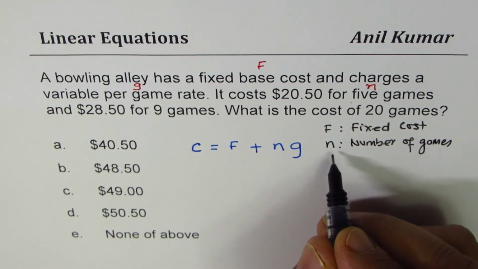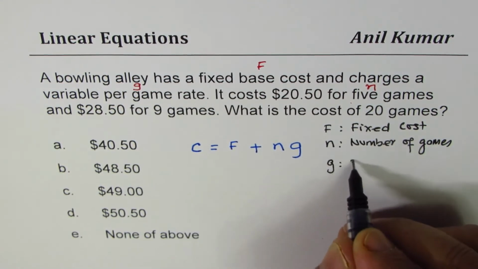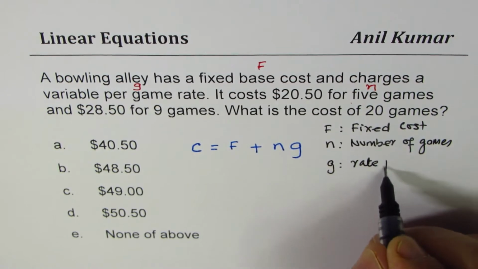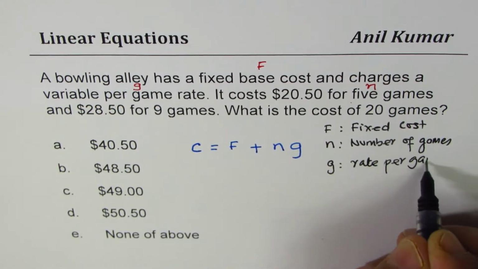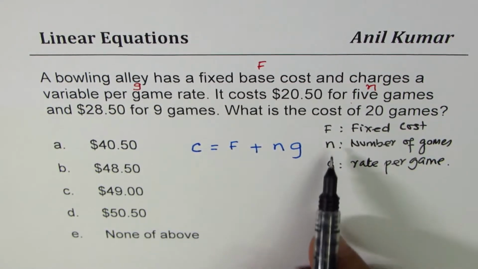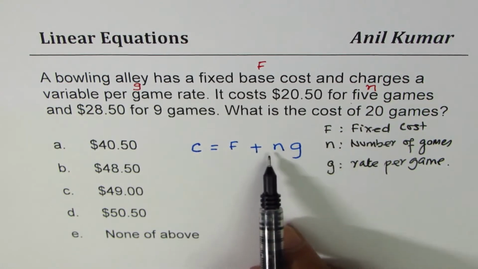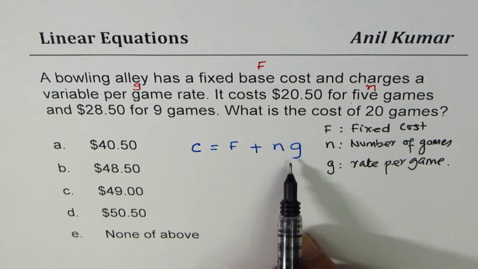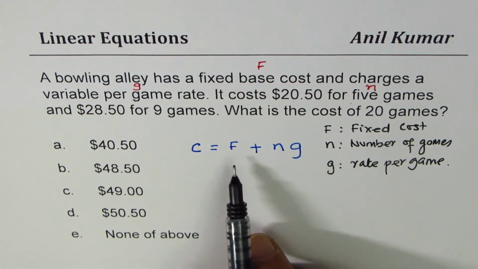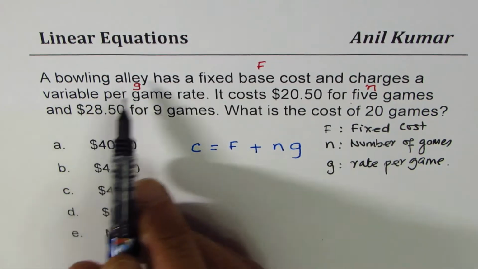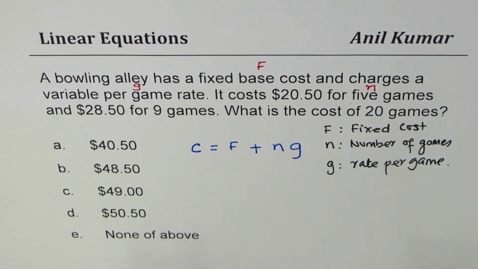If you play 10 games, n is 10. And g is rate per game. So rate per game times n gives you the cost which you additionally incur after you enter the bowling alley to play some games.